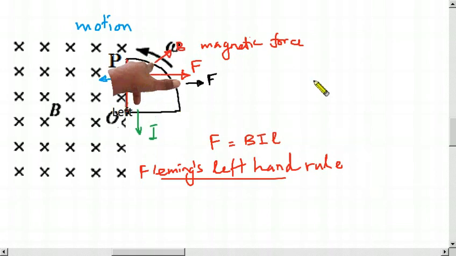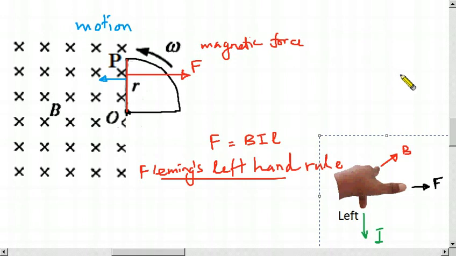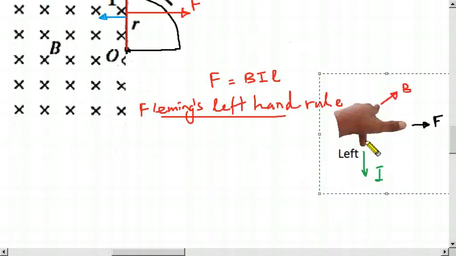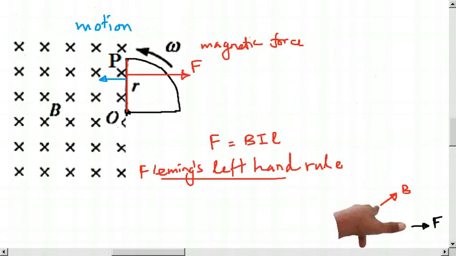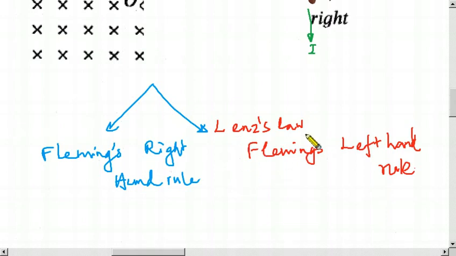Down. Understood? Yes. So now we can mark current this way from P to O. So don't get confused. If you are using Lenz's law, you have to get help from this Fleming's left hand rule.